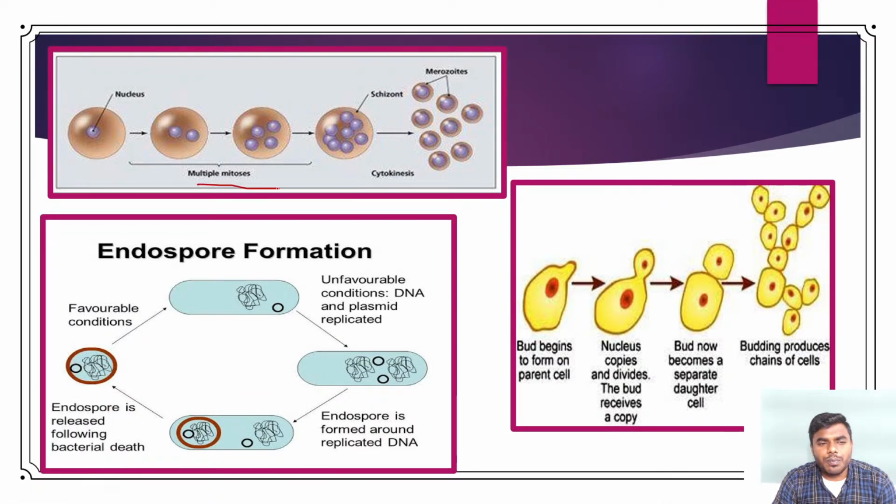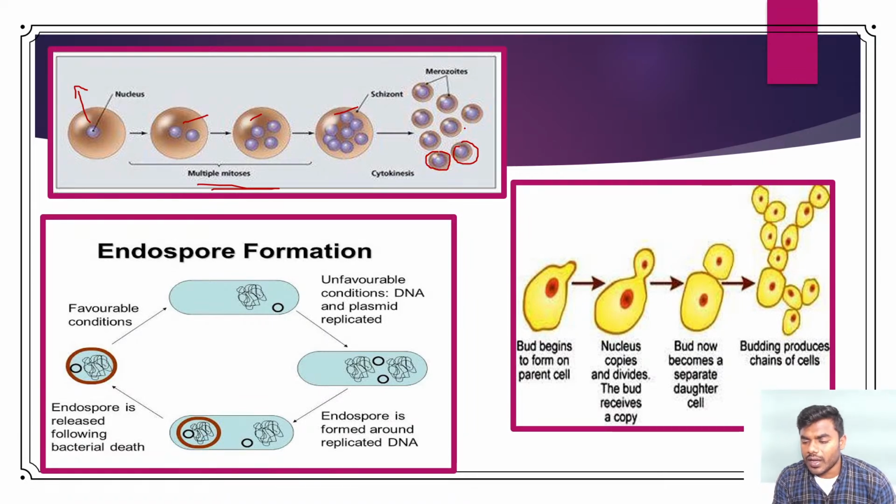Now, what is multiple mitosis? You can see here, friends, the cytoplasmic content is the same, and it is getting divided continuously. You can see the nucleus is getting divided, and every nucleus is surrounded by cytoplasmic content.